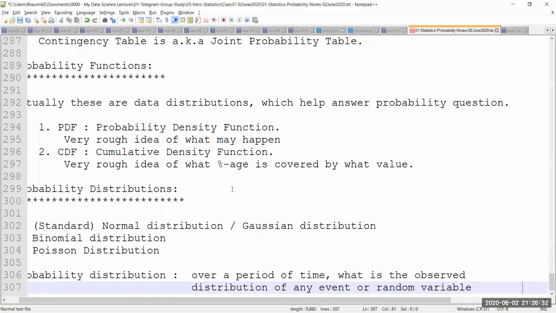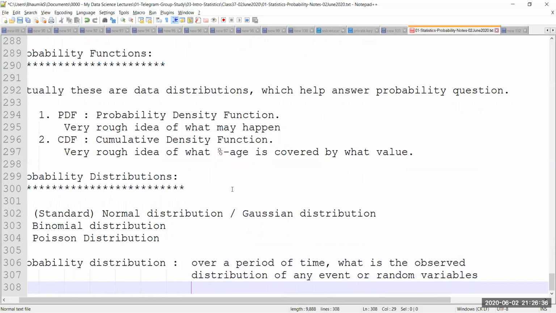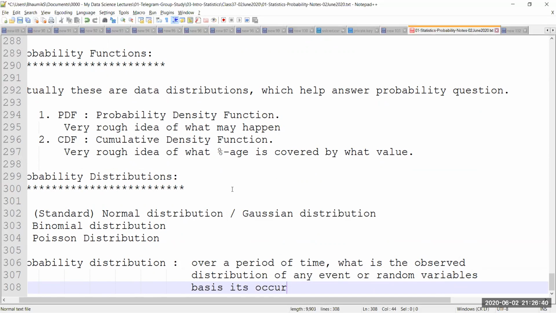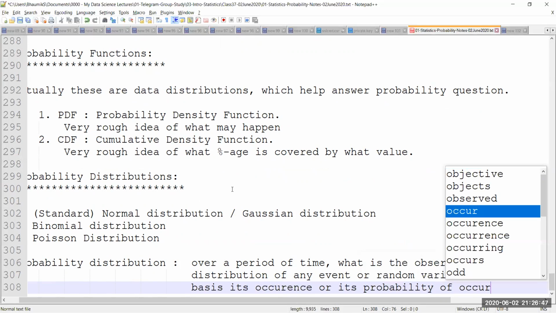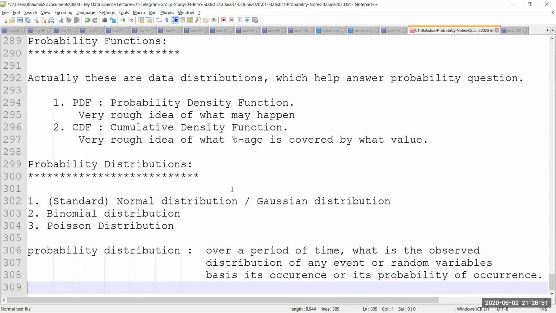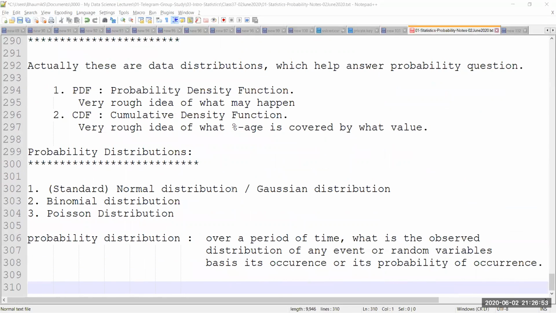Basis its occurrence or its probability of occurrence. Okay, so this sounds like a very complex thing, but let's try to understand this by means of some example.